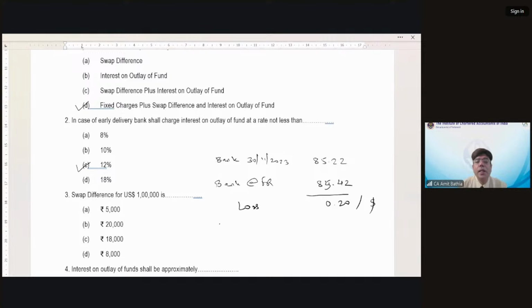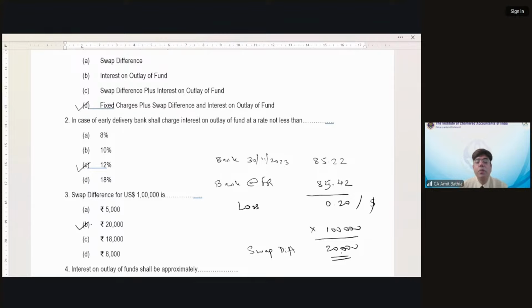So you are having a transaction value of $100,000, right? So 20 paise into $100,000 turns out to be a 20,000 loss. So the total swap difference is 20,000.